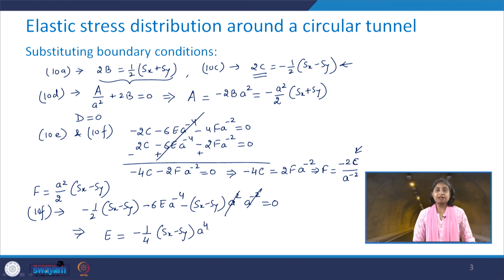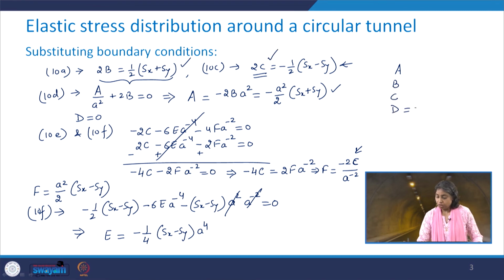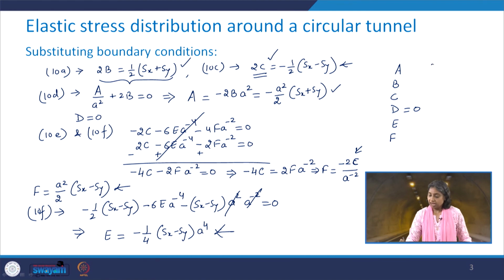So if you just take a look at this slide, you will get to know that we already have got A by this expression, then B by this expression, C by this expression, D is already equal to 0. Then we got E by this expression and F using this expression. So, this is how using the boundary conditions we could find all the arbitrary constants.